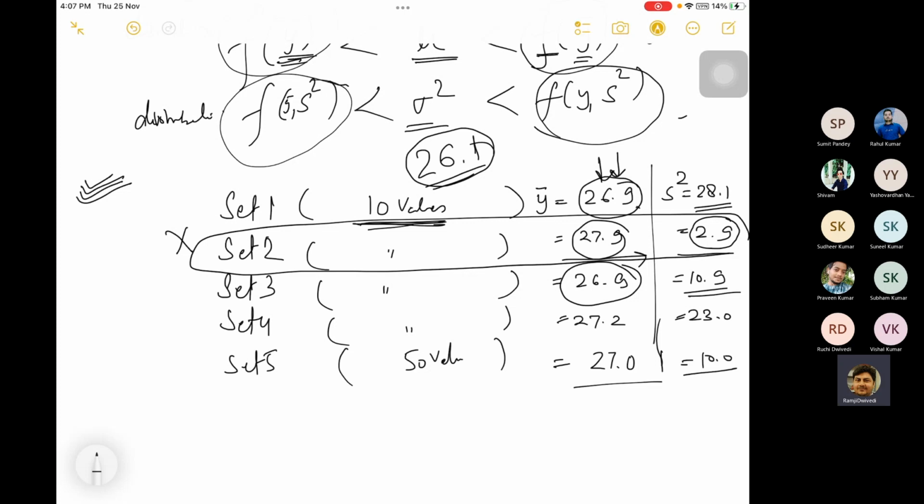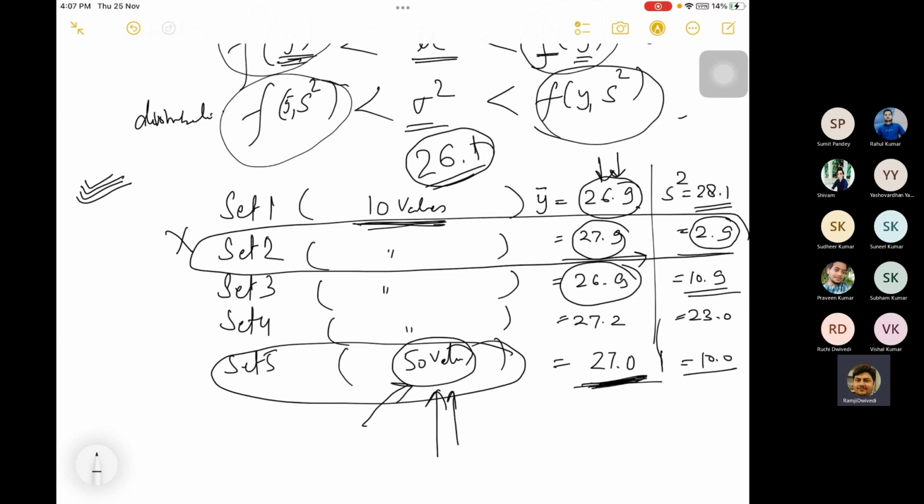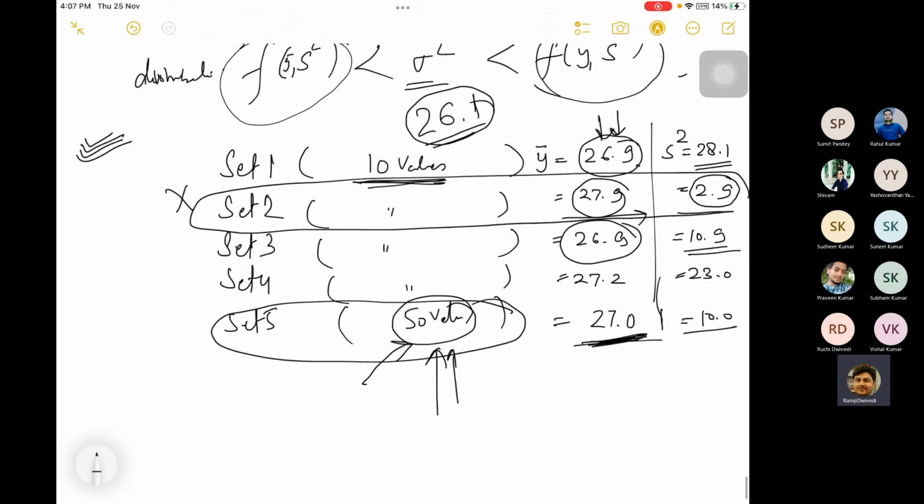We should give more weightage to the sample that consists of a large data set, that is 50 values. Despite increasing the sample size, it is not nearer to the population mean, but we should give more weightage, considering that all the samples are representative and unbiasedly collected from the population.